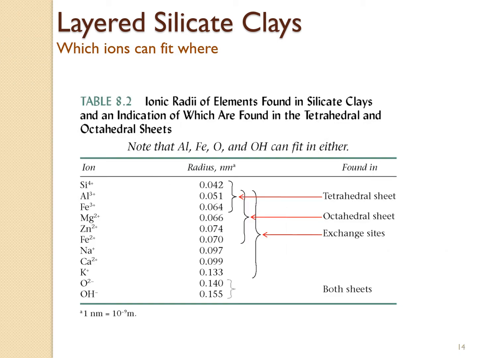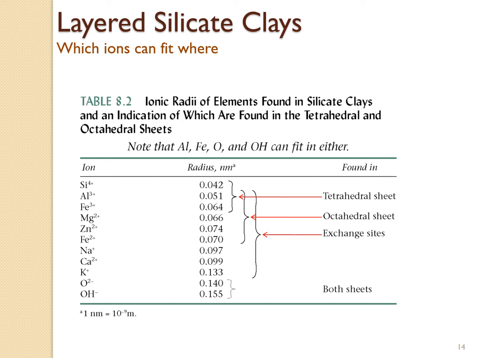So the way this isomorphic substitution phenomenon works in these permanently charged ions is usually a switching out of a similar radius ion.